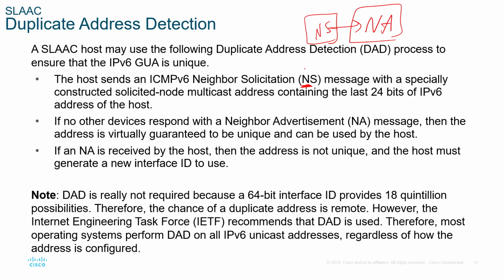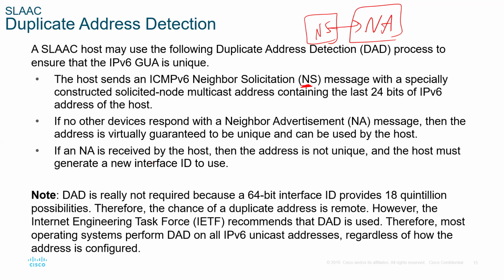If you get a response, then it means your address is not unique. Then the process of getting another IPv6 address starts. If you do not get a response, then it means that address is unique. So that is basically what duplicate address detection is.